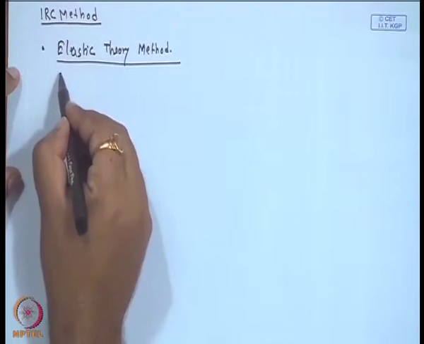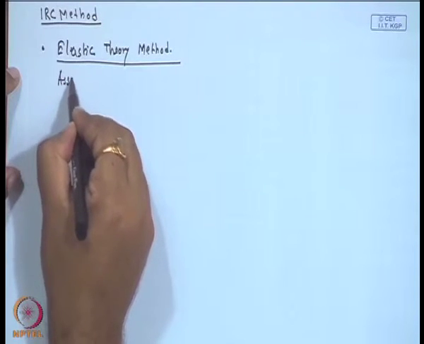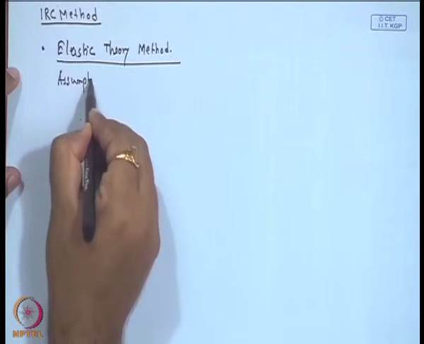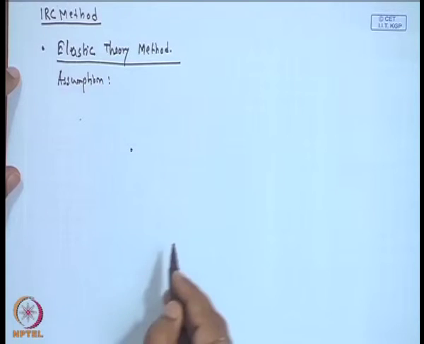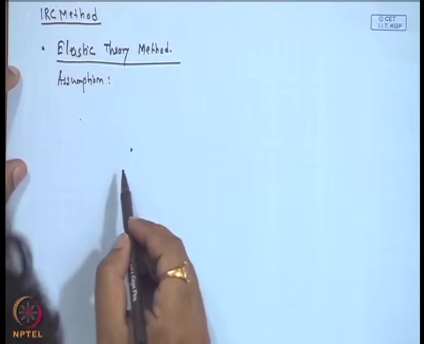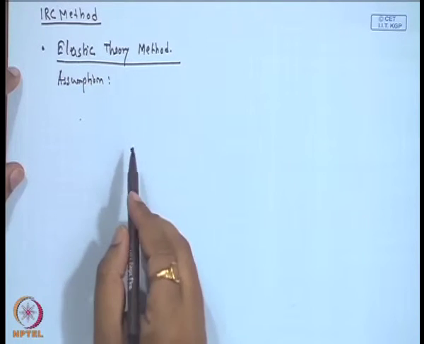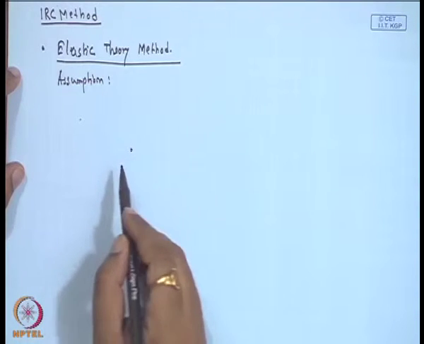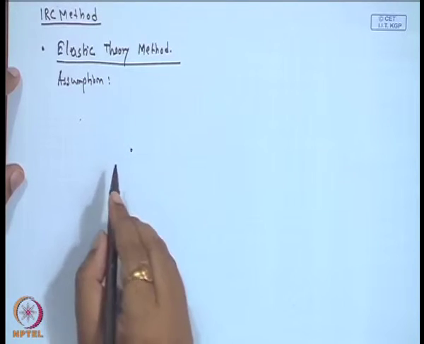So, the assumptions considered here are that the soil is perfectly elastic, homogeneous and follows Hooke's law.